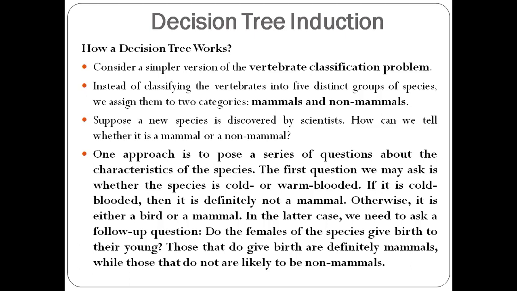In order to assign the class label as either mammal or non-mammal, the first question I can ask is whether this species is warm-blooded or cold-blooded. Obviously, a warm-blooded species is considered a mammal, and a cold-blooded species is considered a non-mammal. Suppose it is cold-blooded, then the obvious class label is non-mammal.